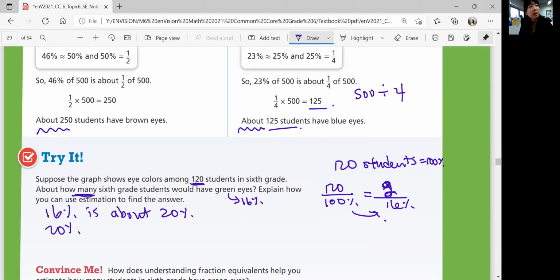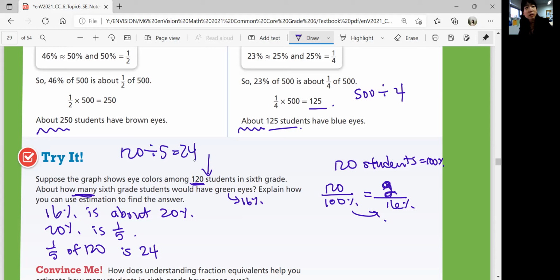So 20% is 1/5 in fraction. So 1/5 of 120, which is the whole students, is 24, because 120 divided by 5 is 24. So 24 students.